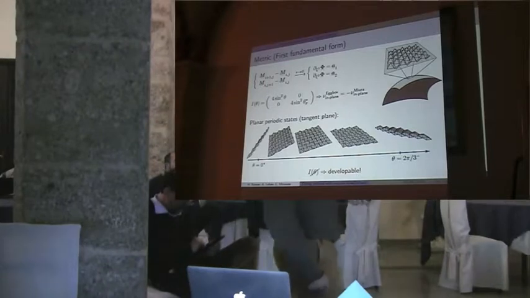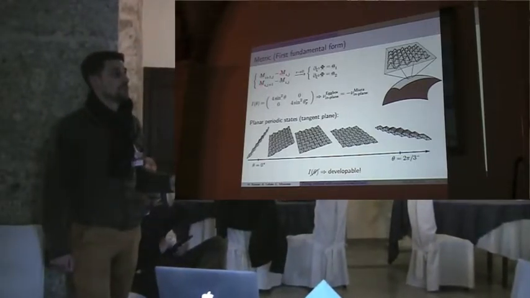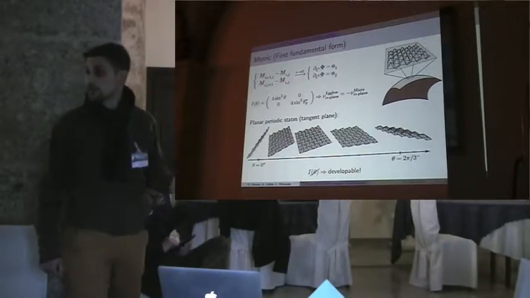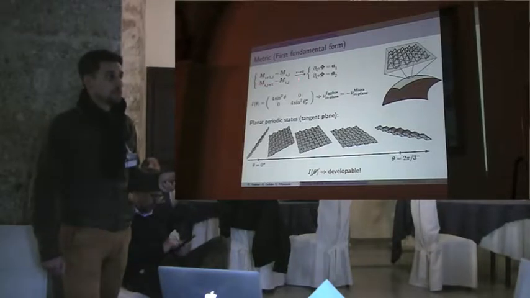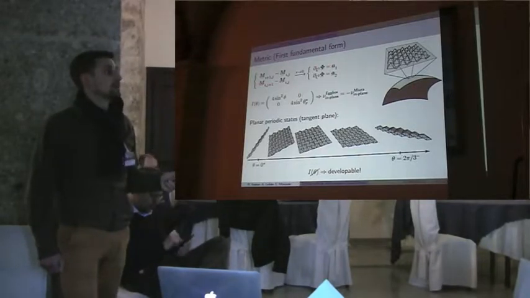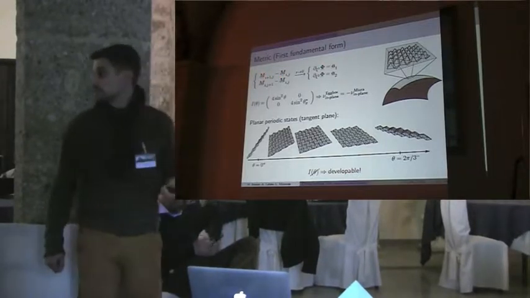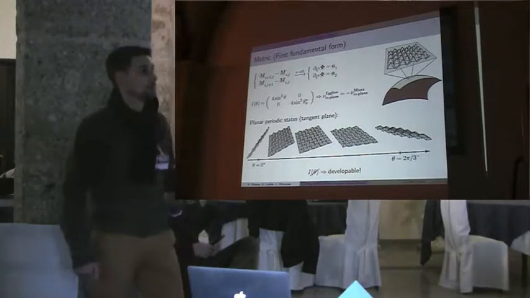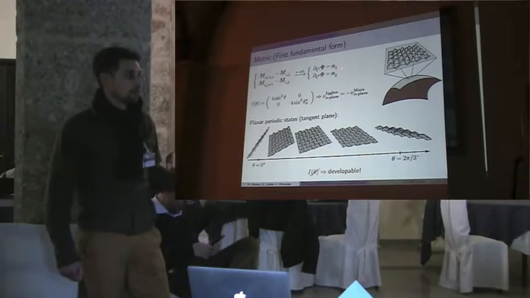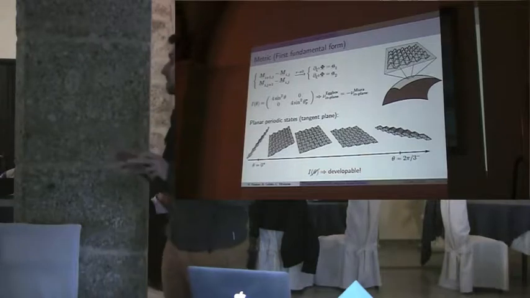So if I do that for the metric, which is the first fundamental form, I can compute the finite difference in two directions of the reference vertices, and they have to go to a limit, which is independent of the local index, and this defines a tangent plane. Okay, so I don't give more details here, but what is really important to notice is that it means that the pattern has to be locally planar.